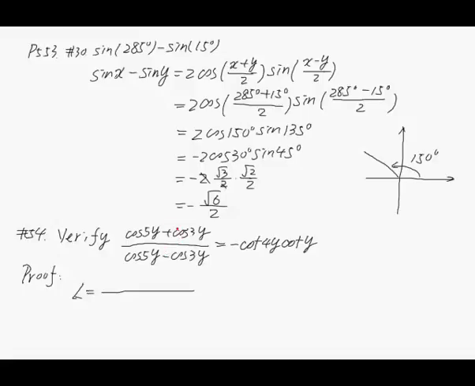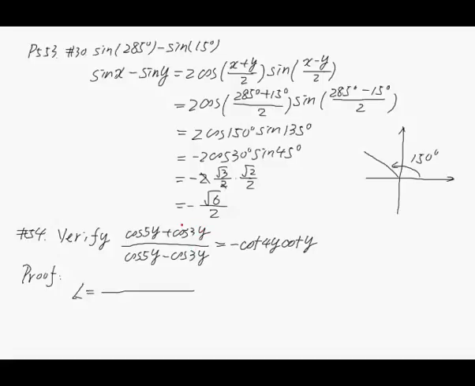For the numerator, we know this is equal to 2 times cosine of (A plus B) over 2, times cosine of (A minus B) over 2.